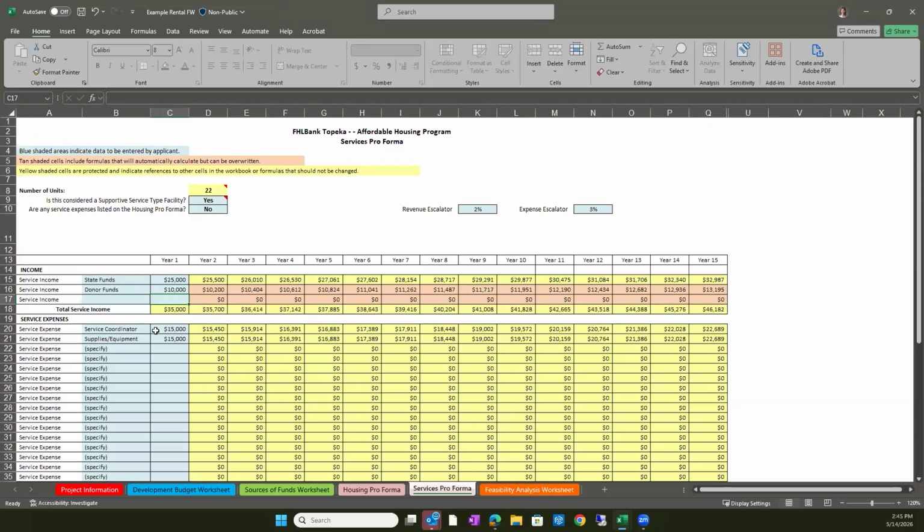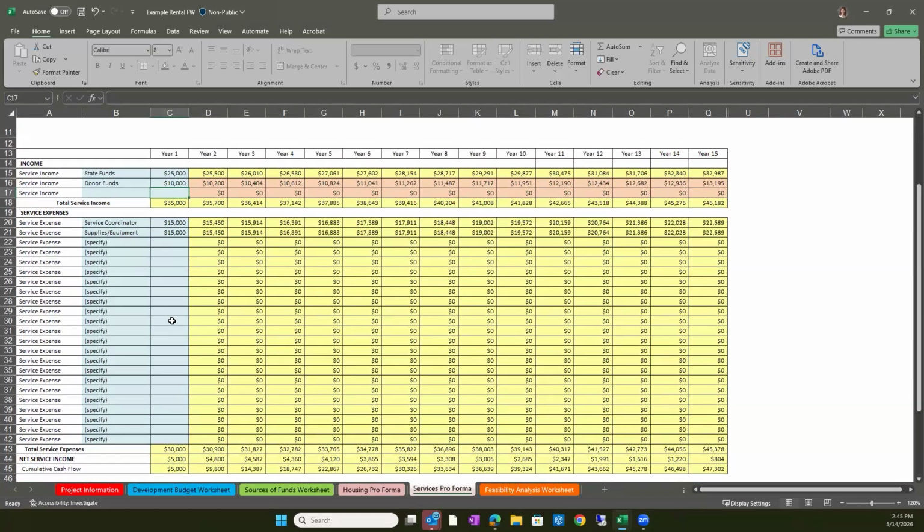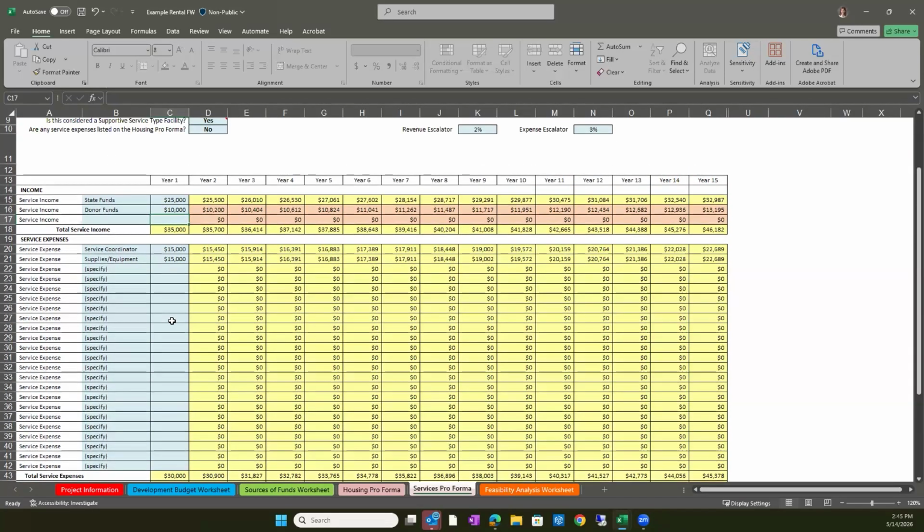Again, income, expenses, it's not quite as extensive as the housing pro forma, of course. The big thing that I want to point out here, please make sure that your services only are on this tab. Any housing related expenses should be on the housing pro forma. Services expenses should be on the services pro forma.